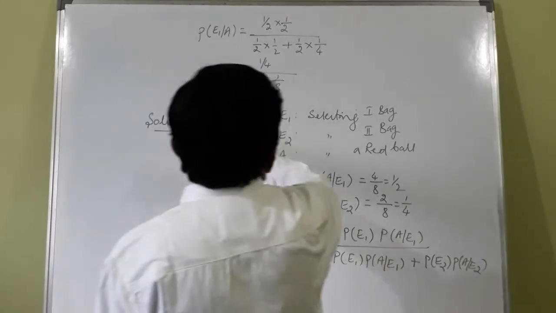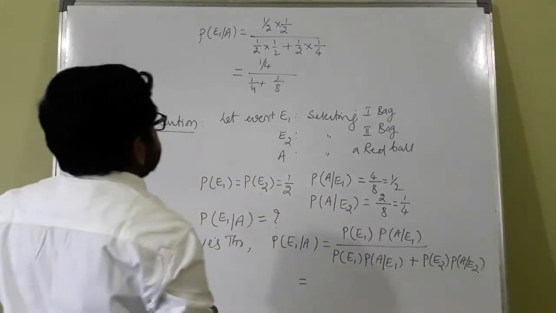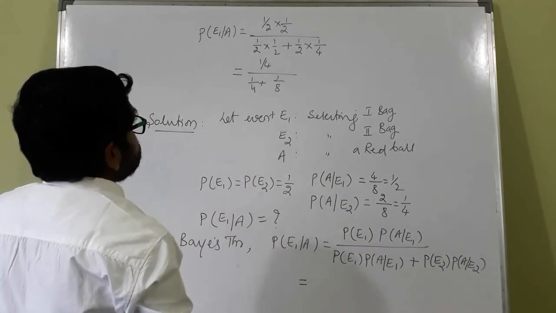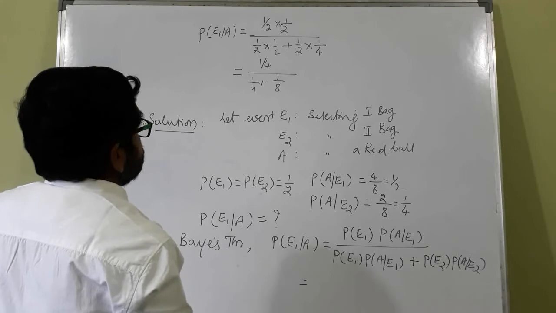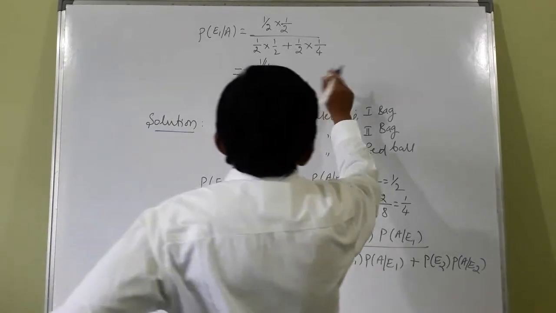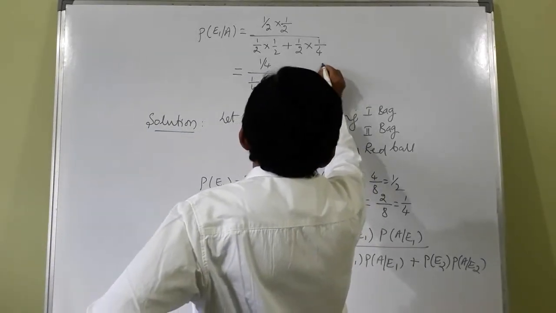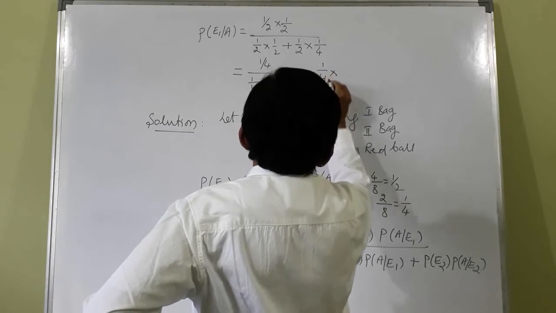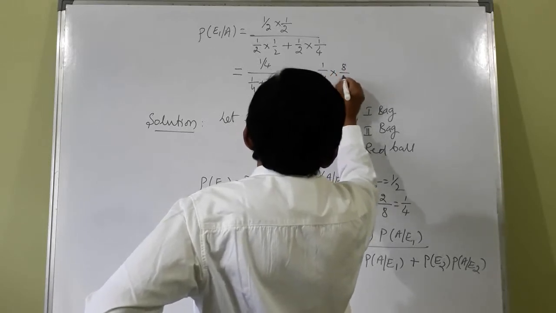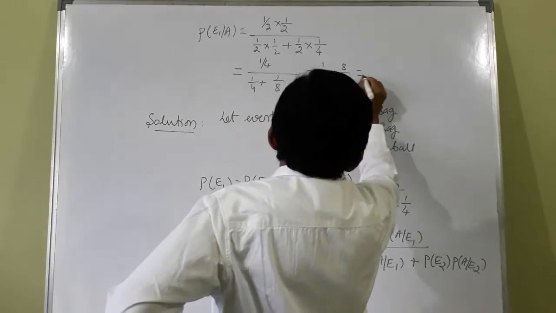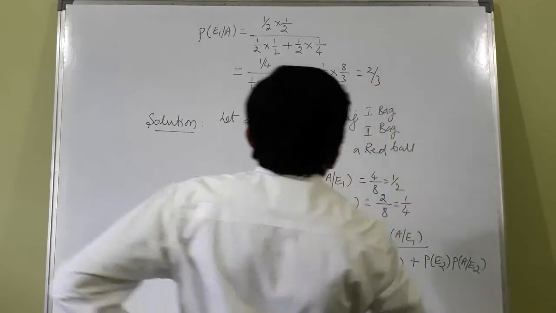If you take the LCM, this is 3 by 8, isn't it? 2 by 8, 1 by 8, okay. 1 by 4 into 8 by 3, that is 2 by 3 is the answer.